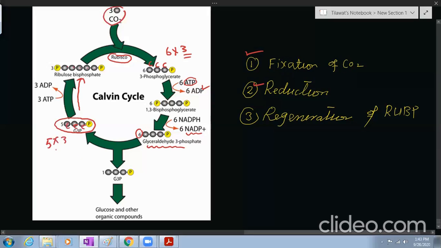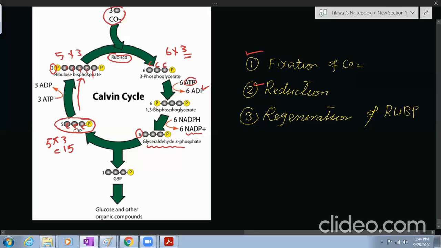So 5 multiplied by 3, 15, right? And here, 5-carbon molecule, 1, 2, 3, 4, 5, and total molecules we have 3. So 3 multiplied by 5, you get 15 again, the same number of carbons.